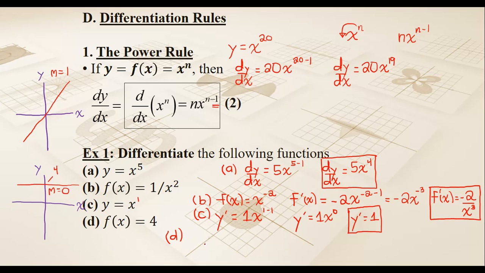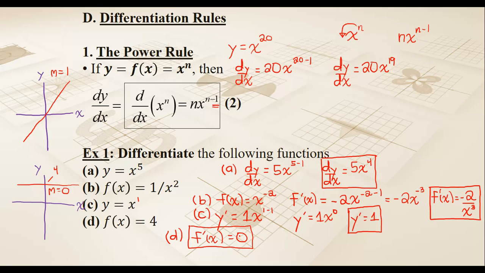So therefore, what I could say here is we could write this in prime notation. We could say the derivative of the function f with respect to x would just be equal to 0 because the slope of this graph is 0. So anytime you just have a constant on its own, the derivative of a constant must be equal to 0, because any constant function would be a horizontal line and horizontal lines don't have any slope.